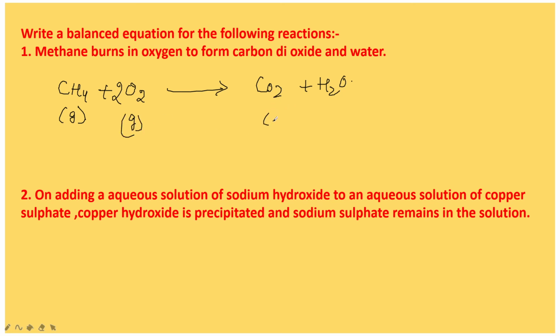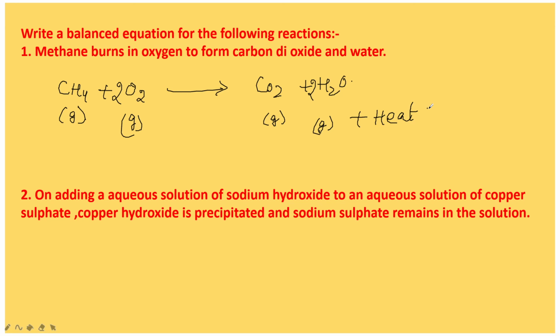Carbon dioxide is also a gas. 2H2O, here it is also in the form of vapor only. Plus heat. It is an exothermic reaction, that's why we have written plus heat. So like this we'll get the complete information. You can write down it is methane, oxygen, carbon dioxide and water also.